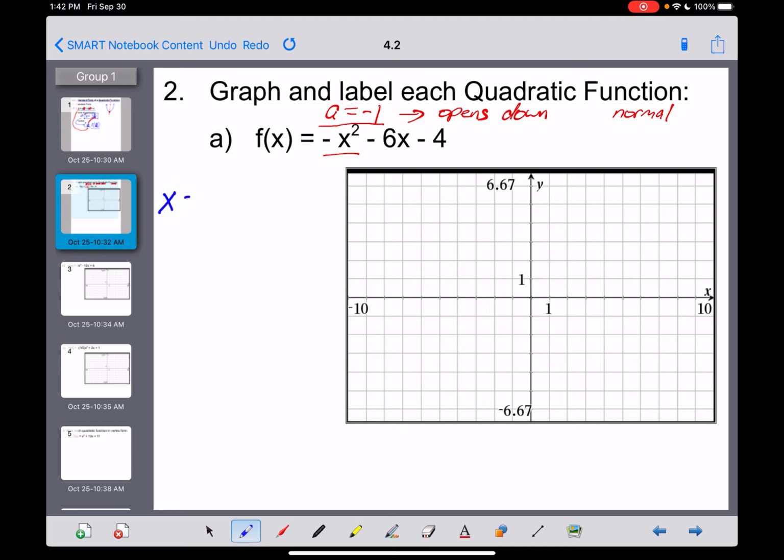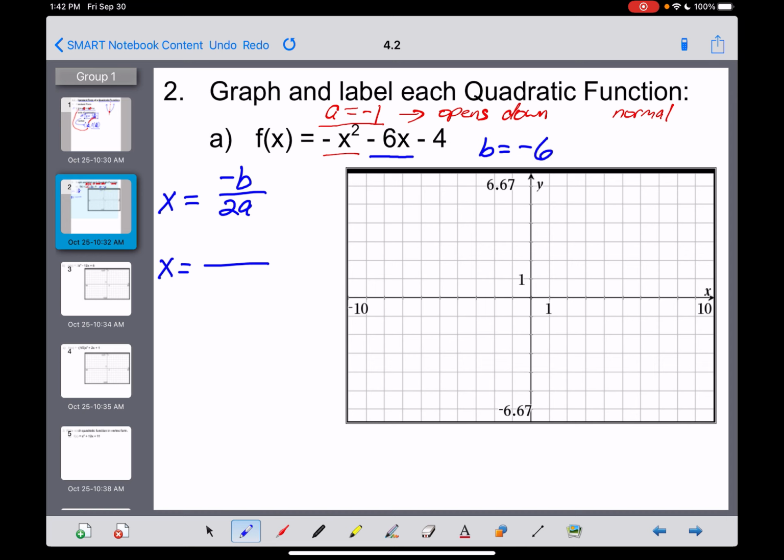The x-coordinate of our vertex, or the axis of symmetry, is given to us by this formula: x is equal to the opposite of b over 2a. And that's going to change those numbers on each problem. So let's take a look. b is the coefficient of your x term, so in this problem, b is equal to negative 6.